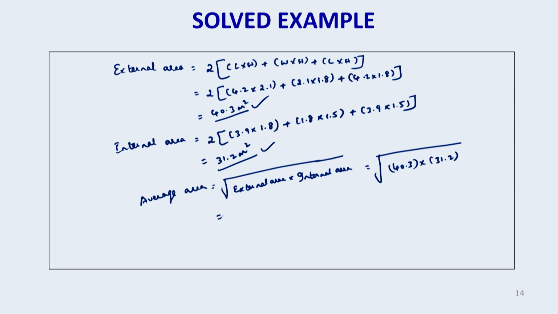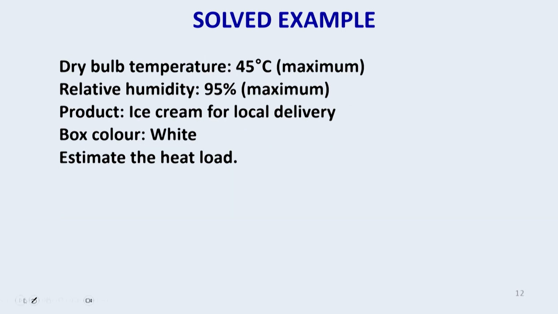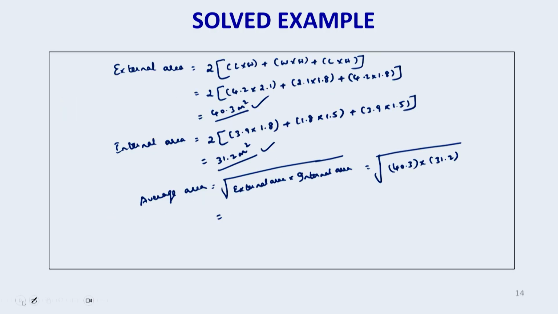Multiply and take the square root, and it comes to 36.3 meter square.